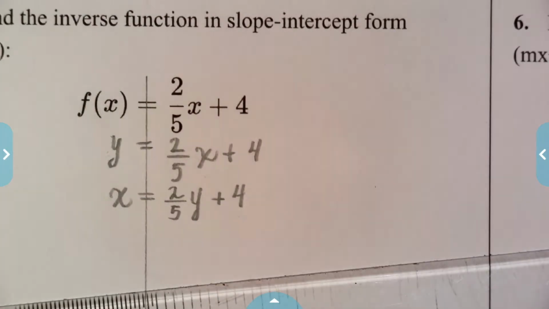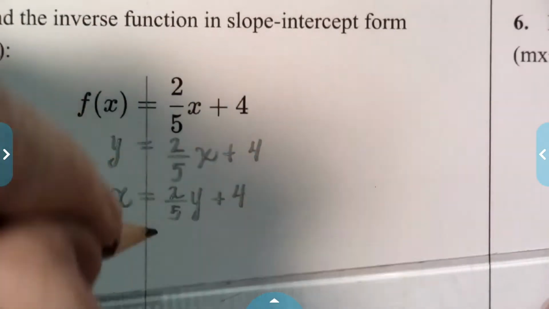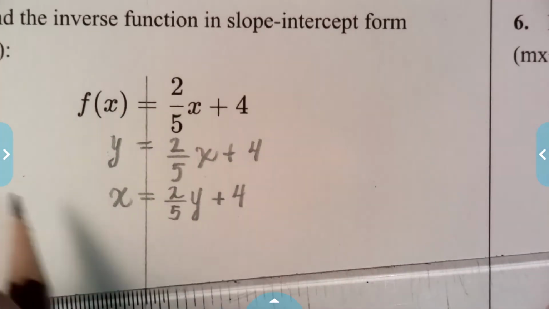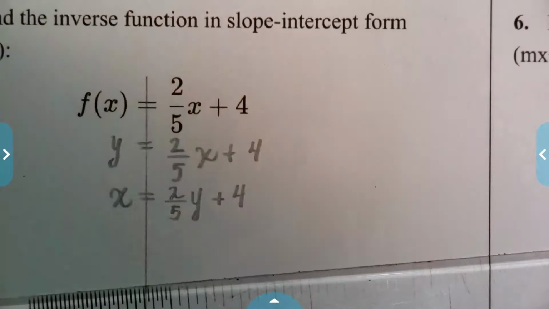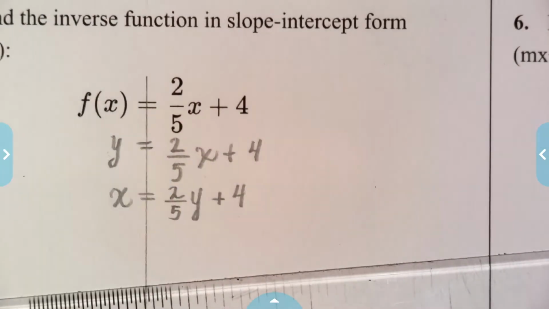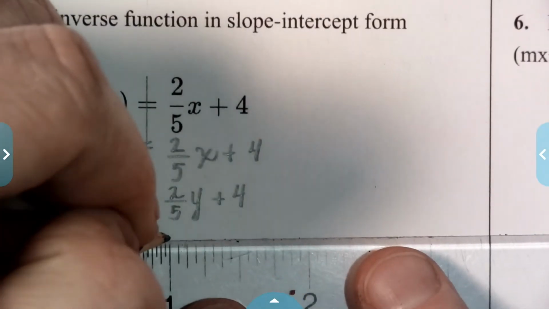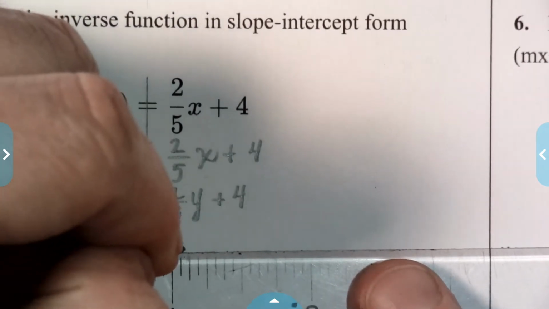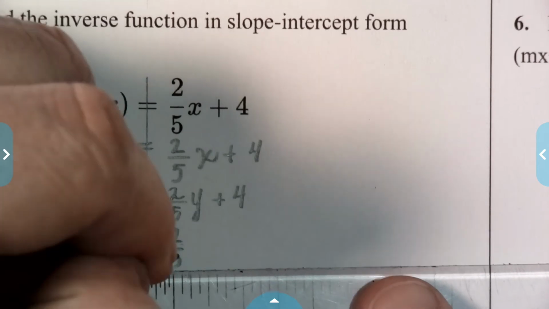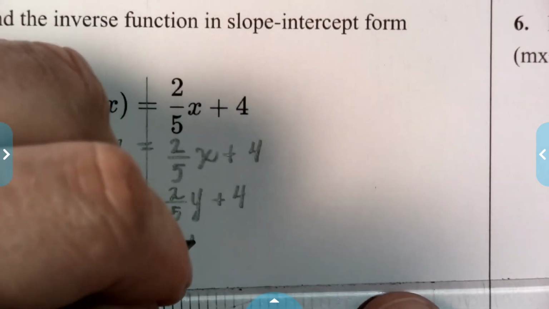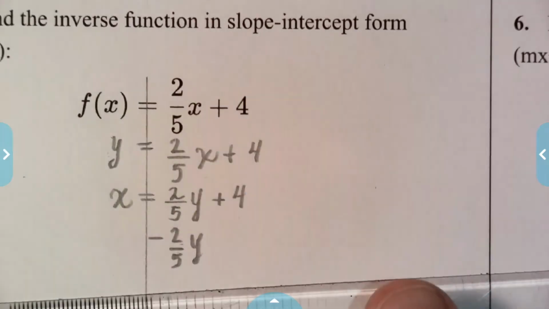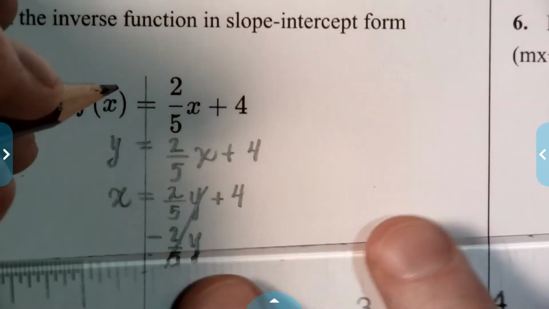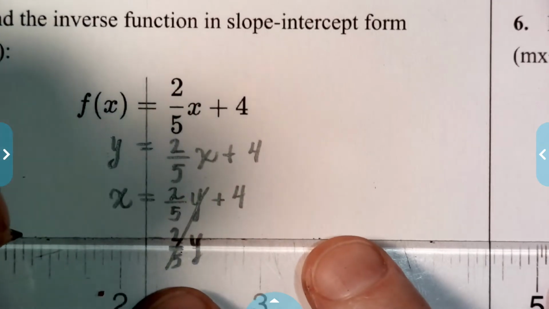And now we solve for y. Right away, I like to move y to the correct side, so I'm going to subtract 2/5 y. This is a bit cumbersome to write down, but you've got to do it. That cancels out right there, and then we'll subtract 2/5 y on this side as well.